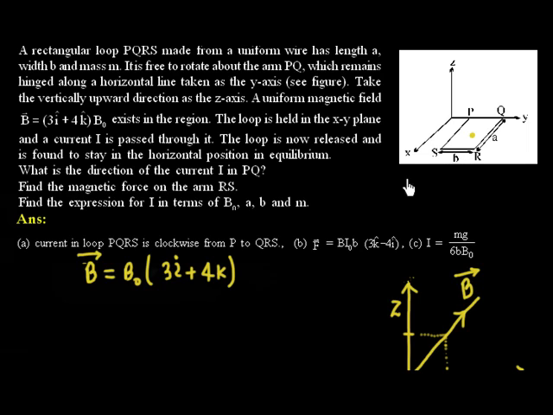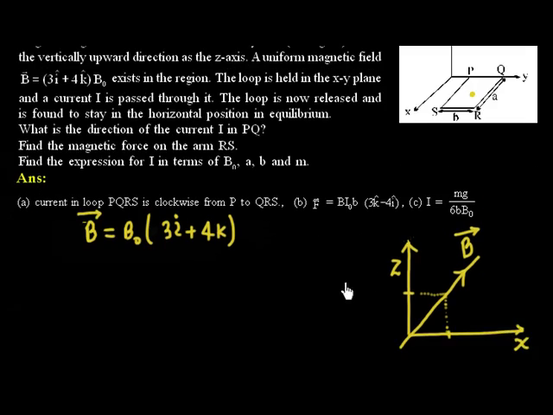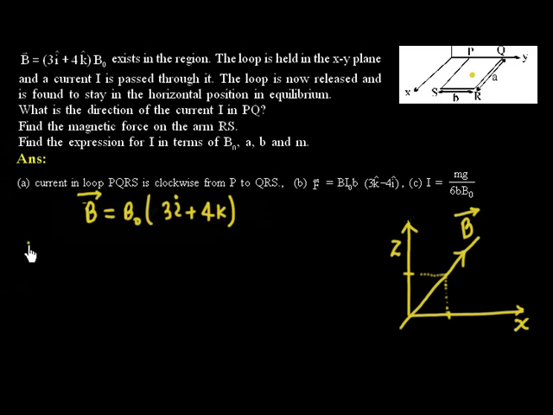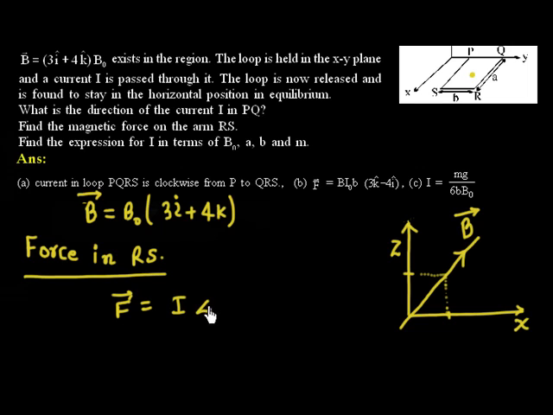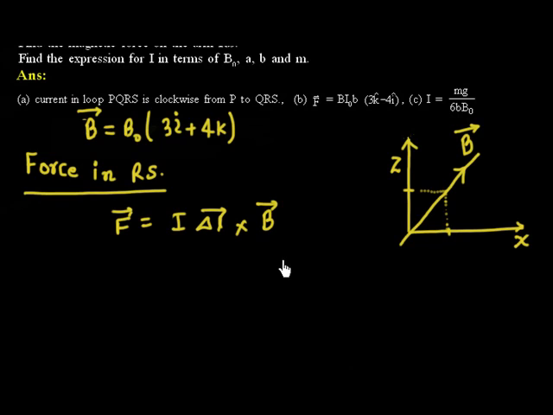So let us first find the force in RS or SR. So we are finding the first part, that is force in RS. If I find the force in the section RS, the force is nothing but I dL cross B. For the time being, let us assume that this current is from R to S. If this comes out to be negative, then finally I will put in the negative sign.